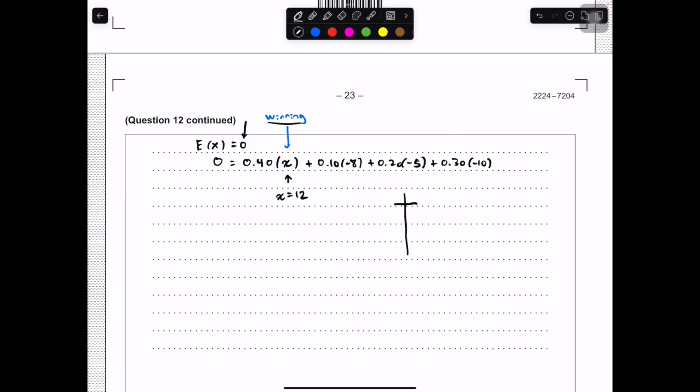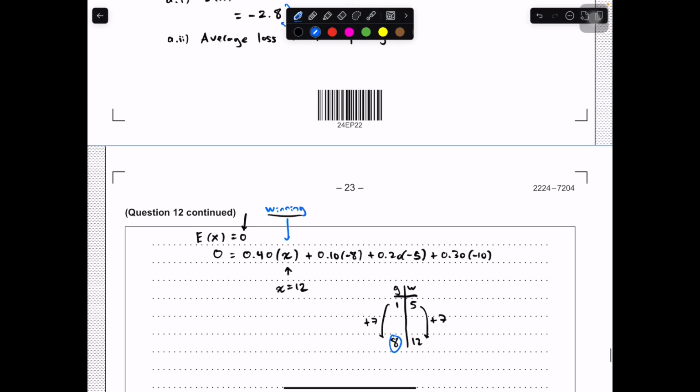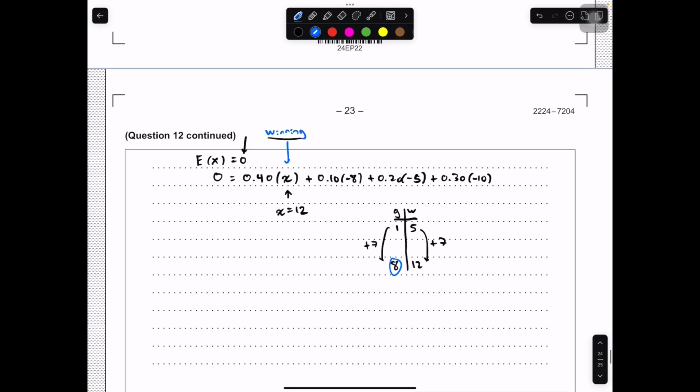This is the game, and this is the winnings. On the first game, we win 5. If our winning is 12, we know this is plus 7, so 5 plus 7 is equal to 12. And it's not until the 8th game that this game is fair. The value of k must be equal to 8.